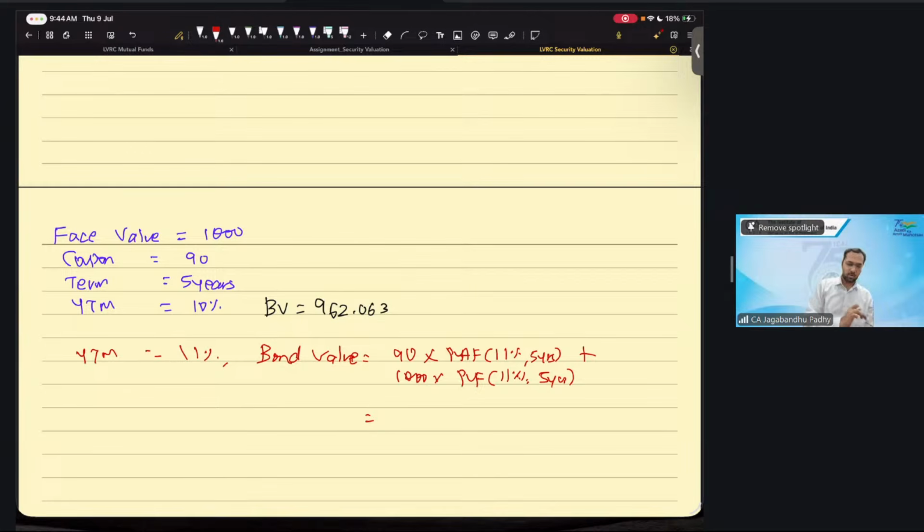Here this is 1 divided by 1.11 to the power 5, into 90, plus 1 divided by 1.11 to the power 5, into 1000.